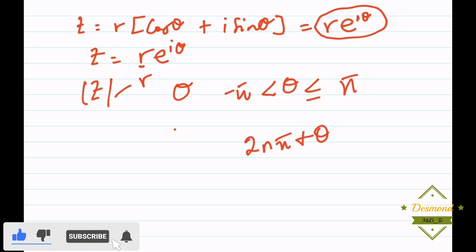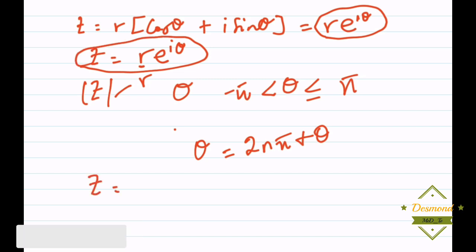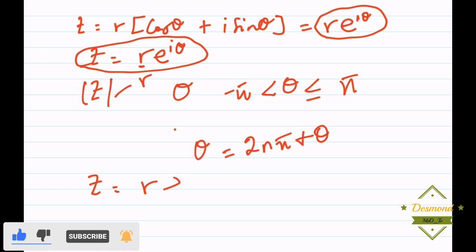So now let's put this theta into this equation. We will have z = r e^(i(2n pi + theta)). Very simple.